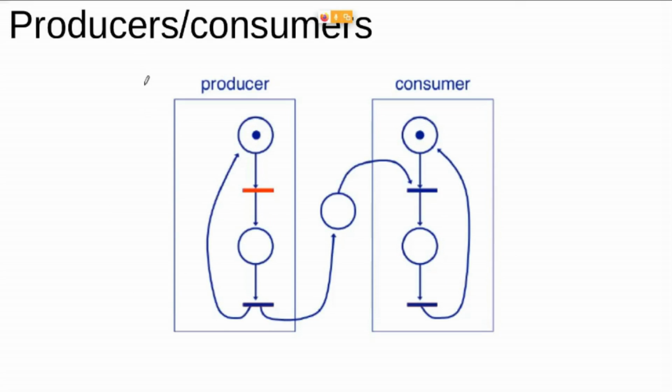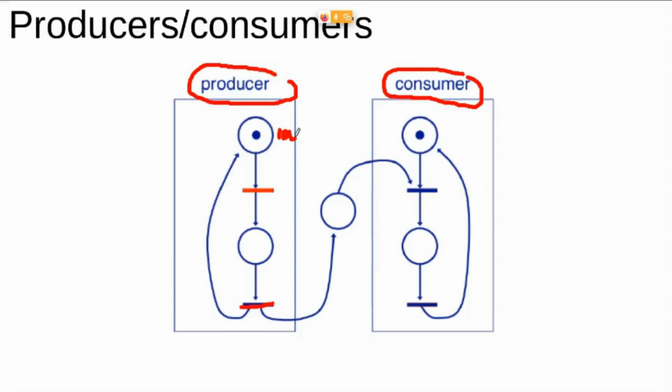What about producers and consumers? Well, this is not mutual exclusion because we are not sharing a resource, but the condition for the consumer to go on is that the procedure has already finished, okay? So when this transition is fired, let's suppose that this means idle, okay?